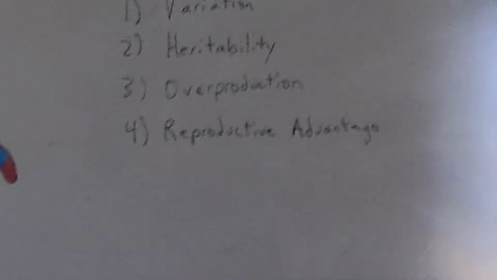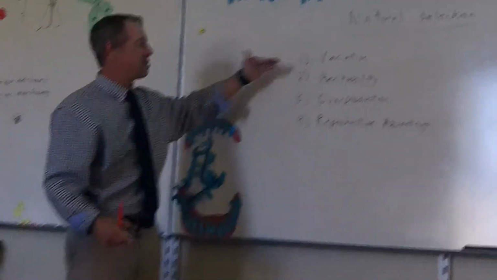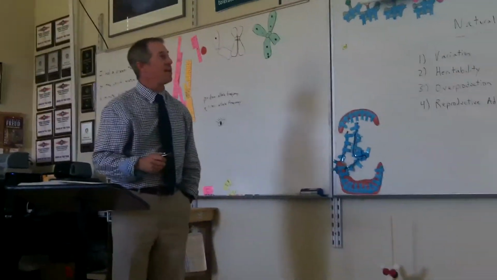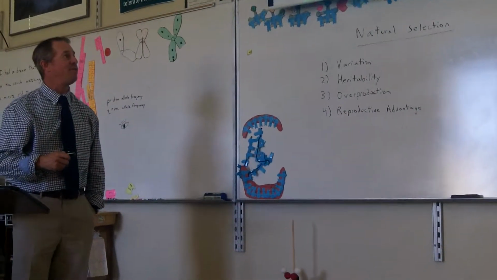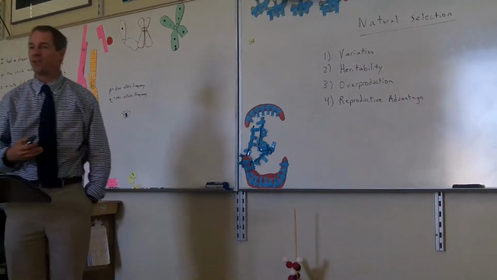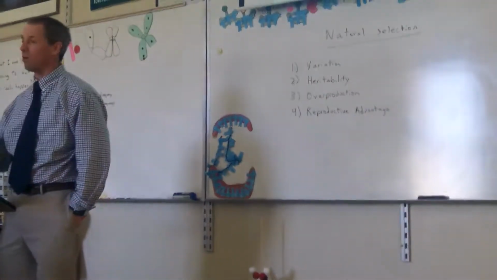And if you have to write the essay on the next test, you're going to have to write about natural selection, and you're going to have to write about each of these 4 points. So we're going to talk about these. But Charles Darwin is the first guy that ever came up with this idea, natural selection, and it is a theory on how evolution works.